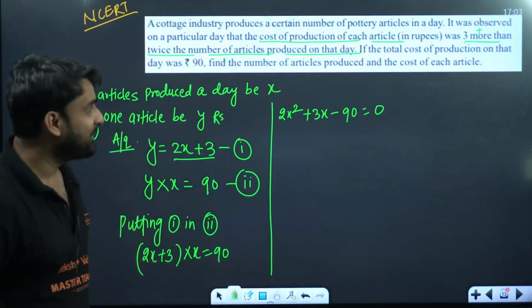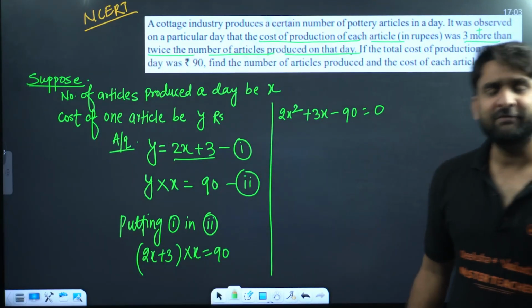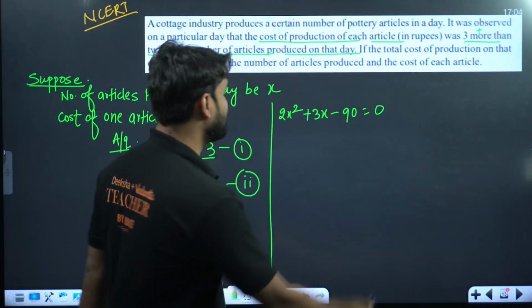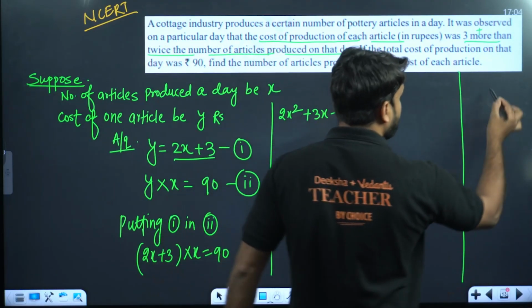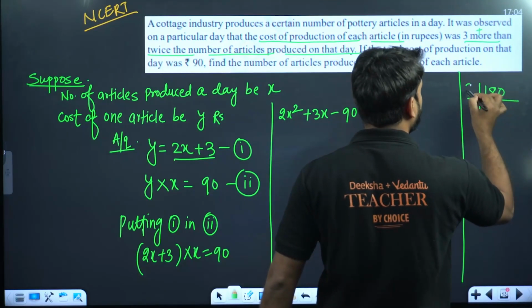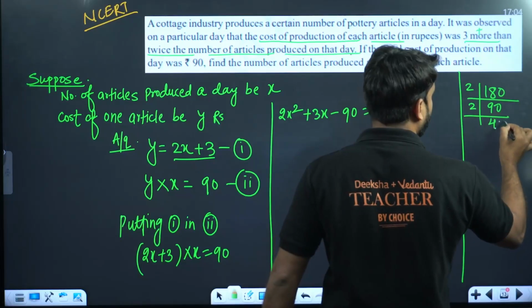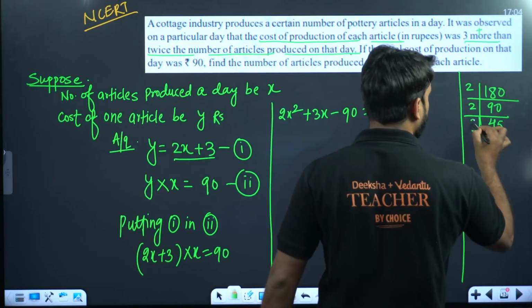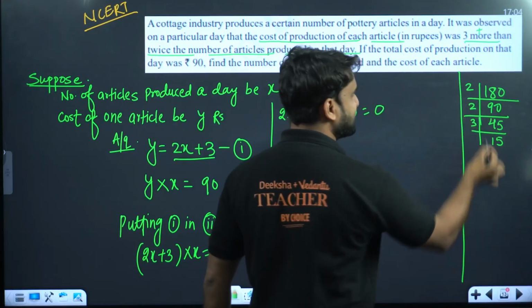Which method can we apply? We can apply the factorization method. So let's apply. 90 into 2 will be 180. Now take the LCM for 180. So this will be 2 into 2, 45, 3, 15, 3, 6, 12.